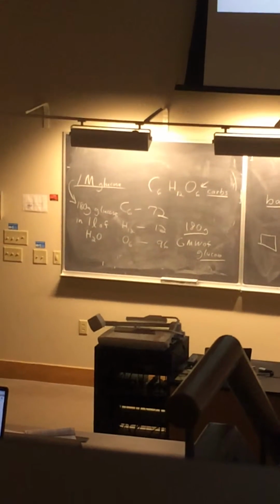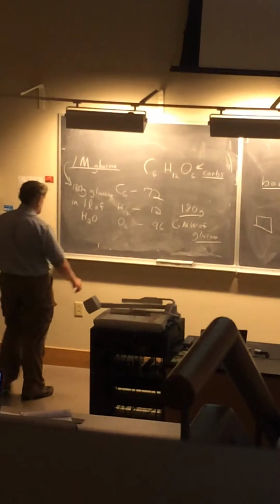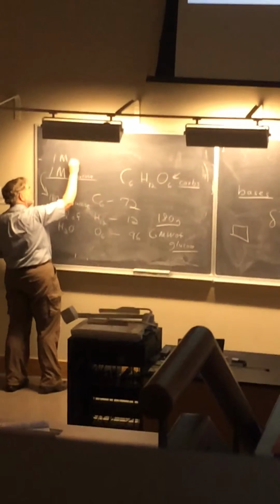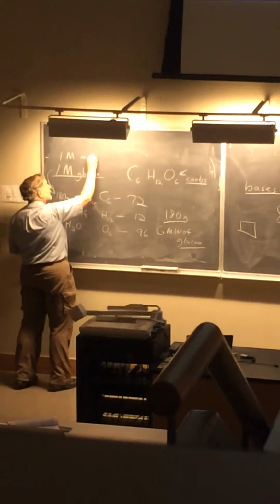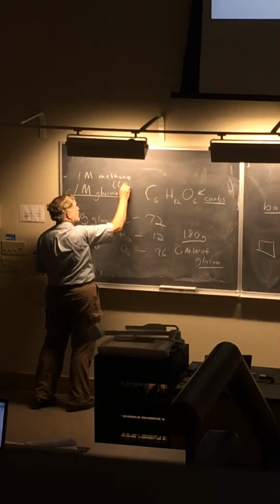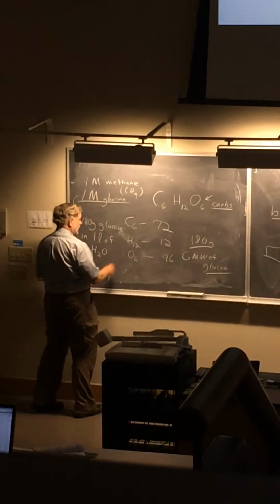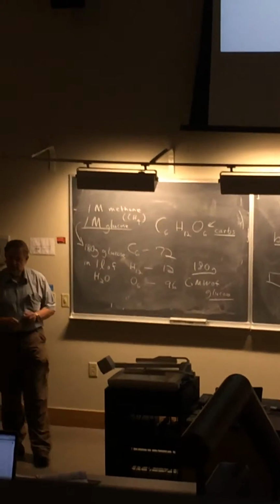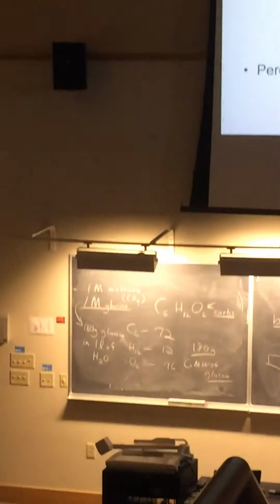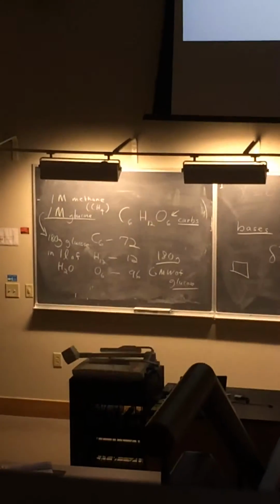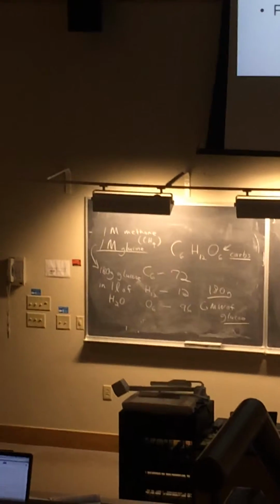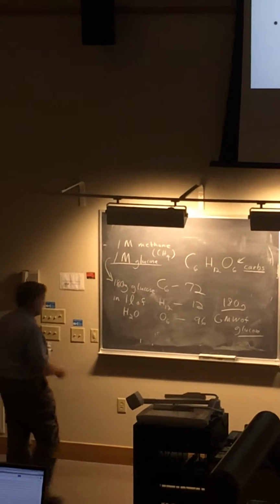So if you have 1 mole of glucose, or you have 1 mole of methane, which we talked about before, that was CH4, how many molecules are there? Avogadro's number, exactly. In each mole, no matter what it is, there are Avogadro's number of molecules.